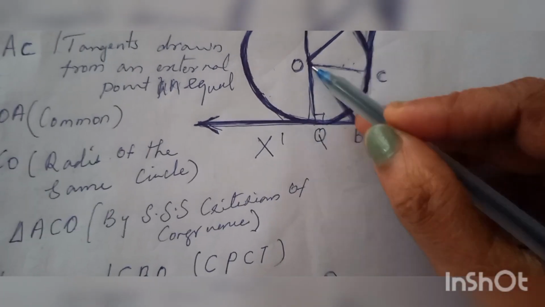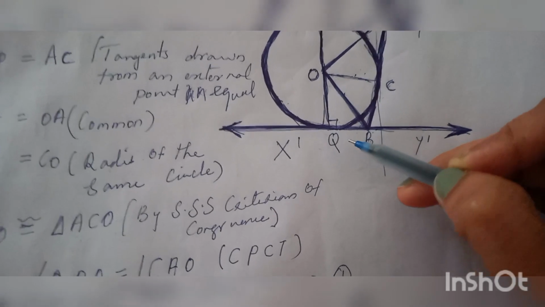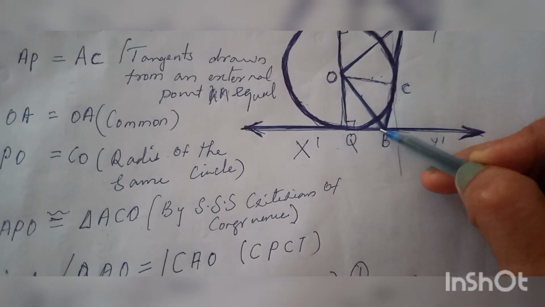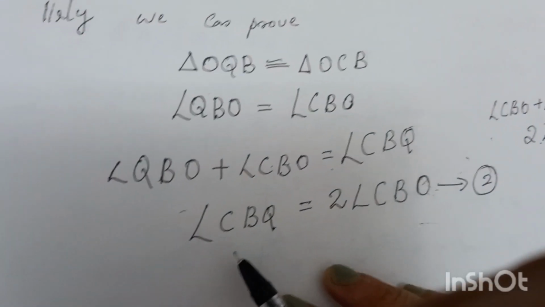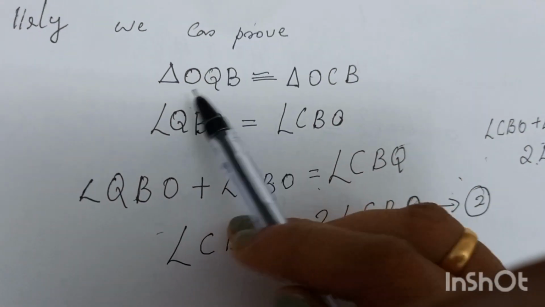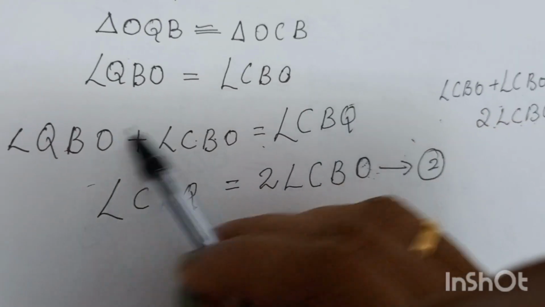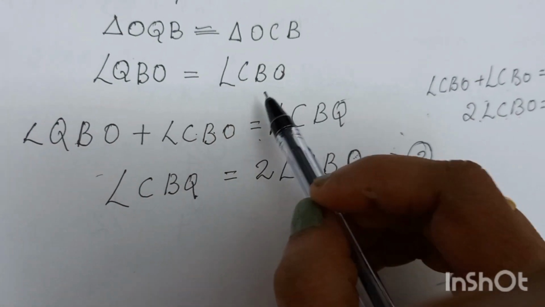Similarly, we can prove triangle OQB is congruent to triangle OCB. Angle QBO is equal to angle CBO.